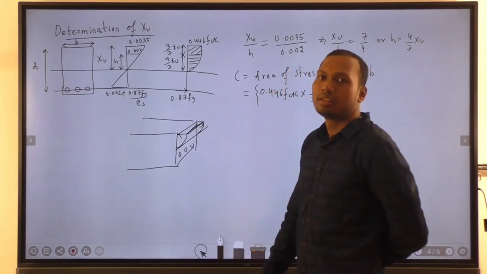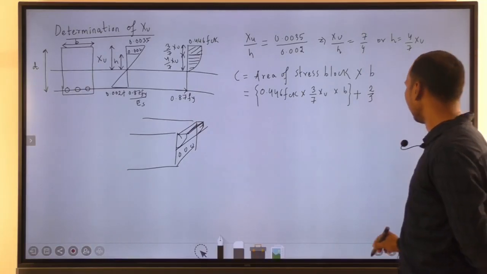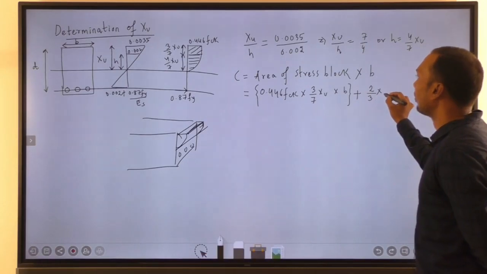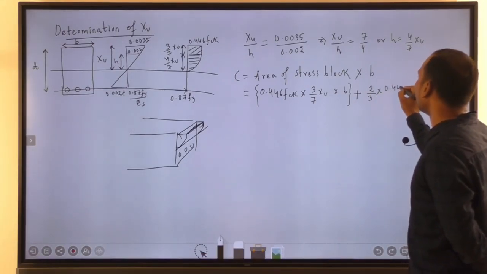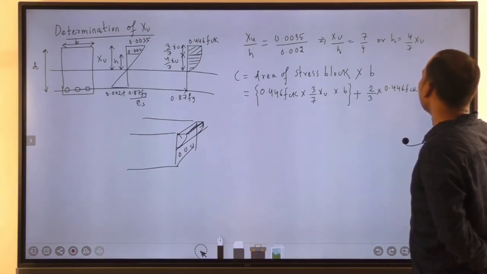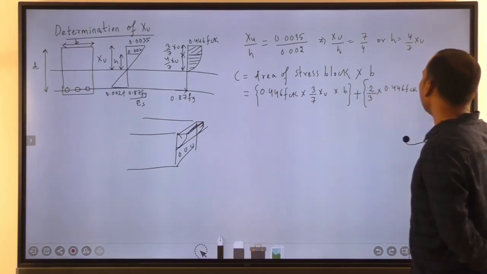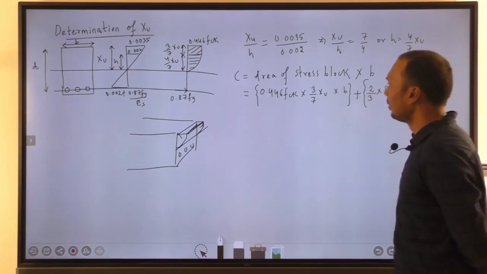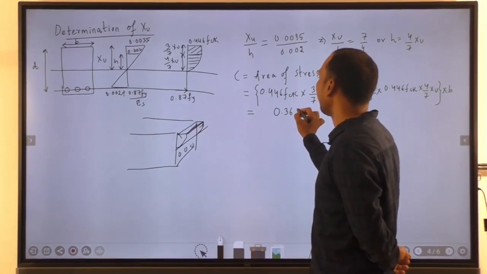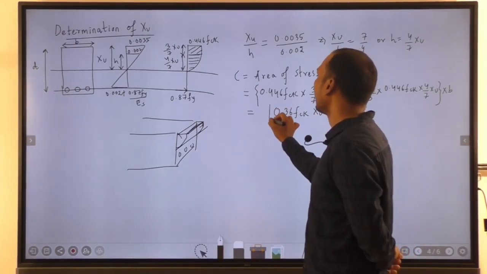We take it as 2 by 3 of base into height, that is 2 by 3 into 0.446 fck into 4 by 7 of Xu, multiplied by the width of the beam. If we solve this equation, we get 0.36 fck Xu into b. This is the compressive force.